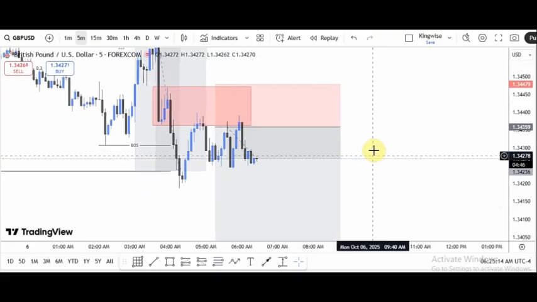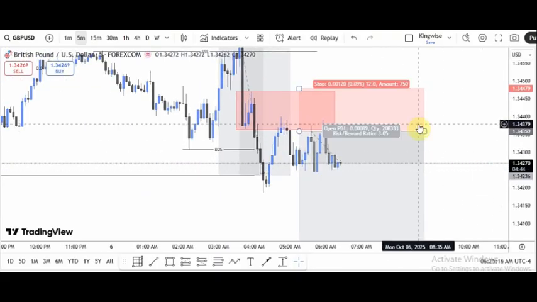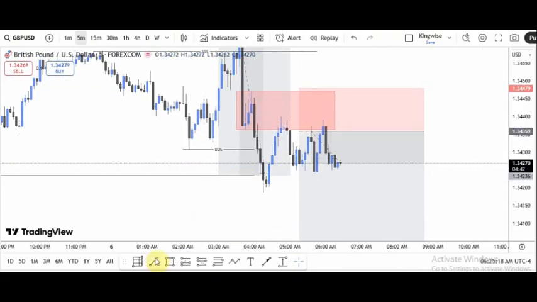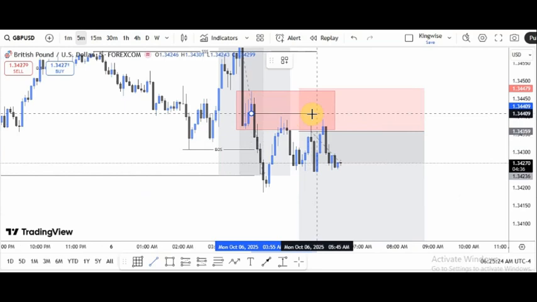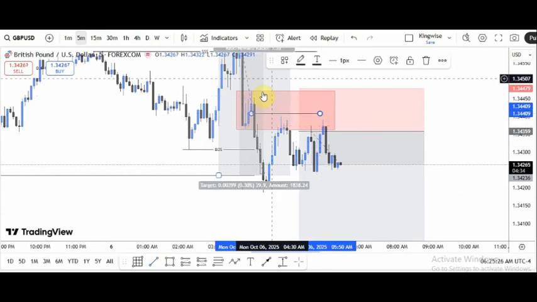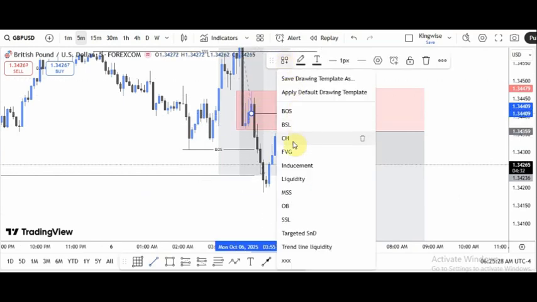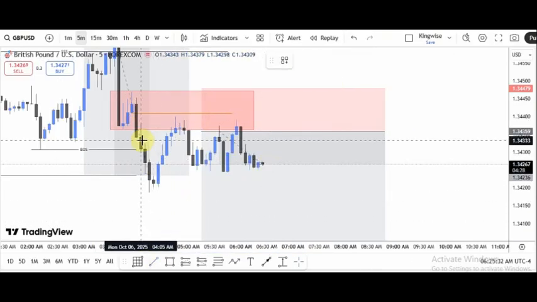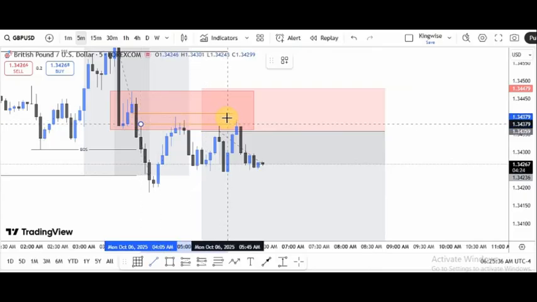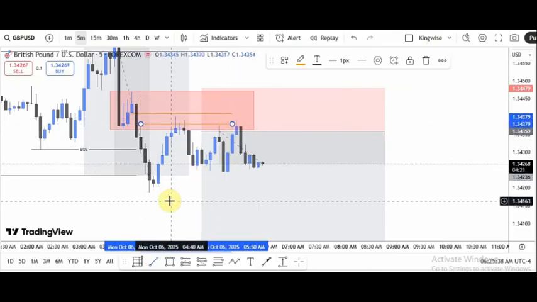From here we can see that price came to tap into this fair value gap here. In case you are new to this channel and you don't know what fair value gap means, I have a video on this channel.